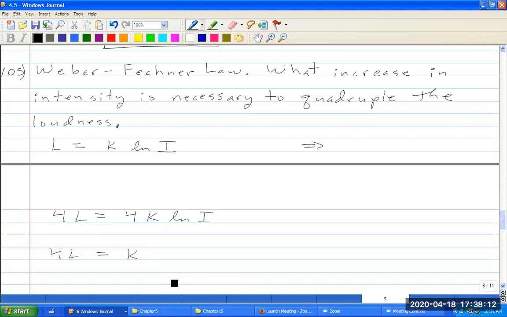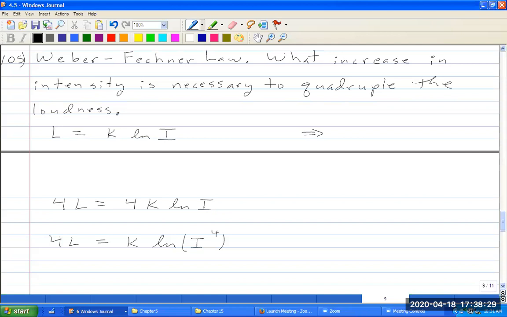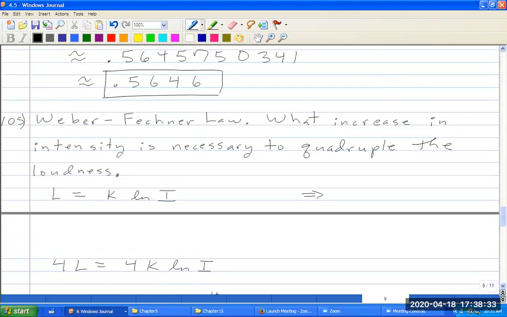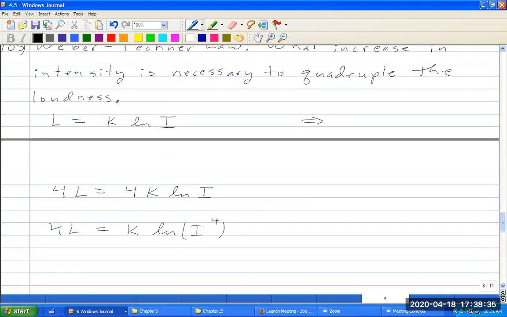let's bring up K, the 4 exponent. So this is ln I to the 4. So to increase this by a factor of 4, you have to raise the intensity by a factor of 4.